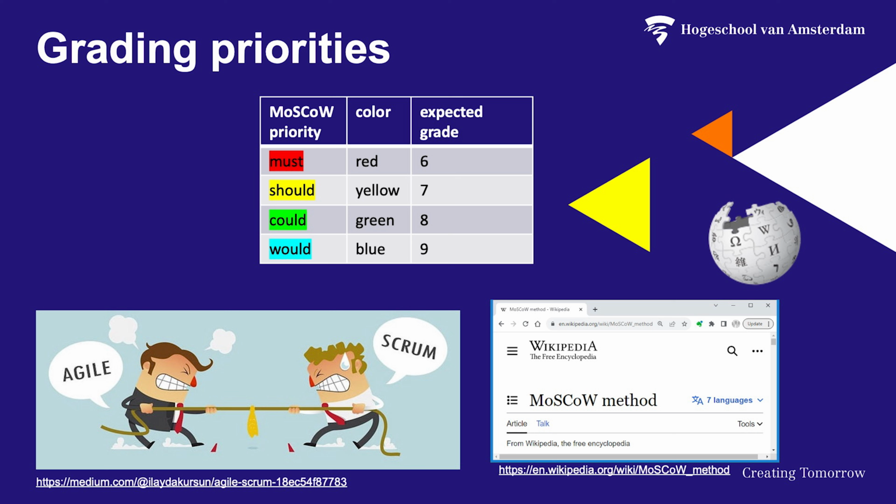If we use a semaphore notation like the must in red, the should in yellow and the could in green and the would in blue, then the representation becomes more clear to the students that the red items are the minimum requirements to pass the course, and the yellow and the green and the blue are items for more advanced students that want to get high grades like 7, 8, 9.